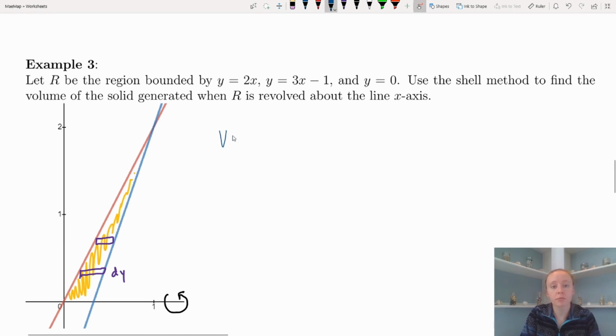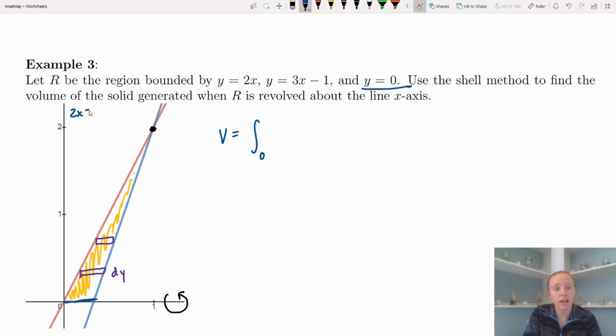We know that our volume is going to go from the lower bound to the upper bound in terms of y. So we're starting at y equals 0 as specified, so that's our lower bound, that's where we start drawing those rectangles, but our upper bound occurs at this intersection point here, which is when 2x equals 3x minus 1.